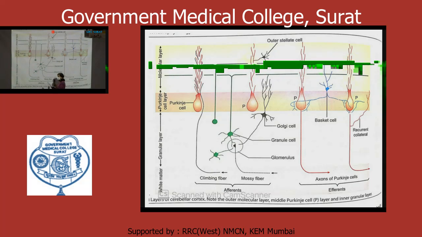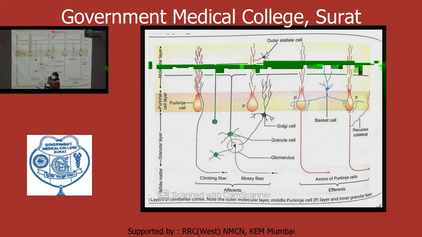Once these climbing fibers excite the Purkinje cells, their output is also increased. The inhibitory output of Purkinje cells increases.